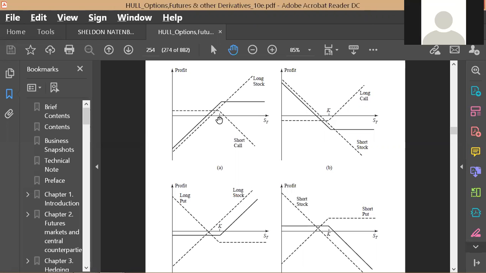It also shows you that if you're short a put at K, and the market price keeps rising above K, say K is 100 and the market price goes to 120, 130, 140, 150, you're not making proportionately greater amounts of profit.